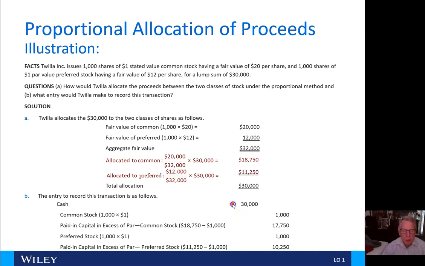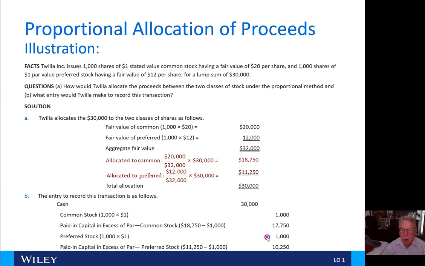We debit cash for 30,000, credit common stock, $1 times 1,000 shares, and then we take the differential between 18,750 and $1,000, or 17,750, as paid in capital in excess of par, common stock. Then for preferred stock, we do the same thing.